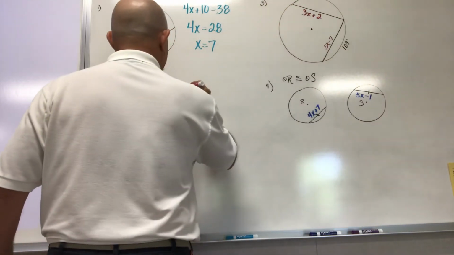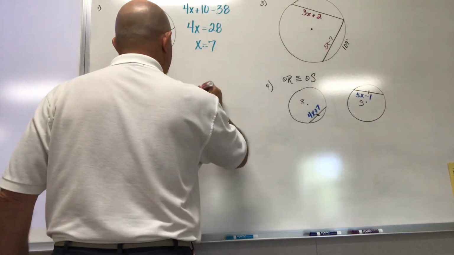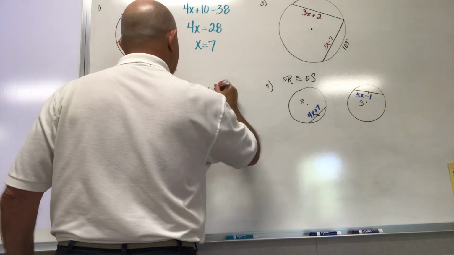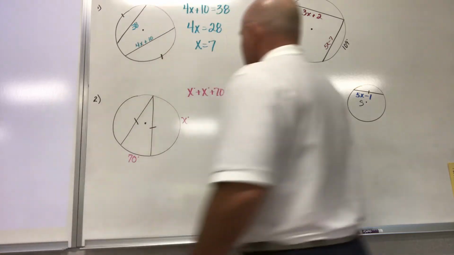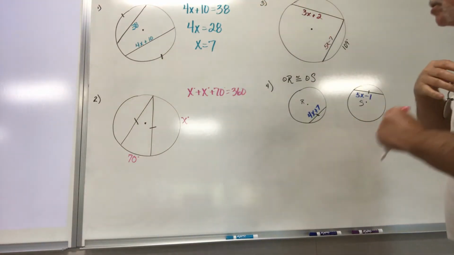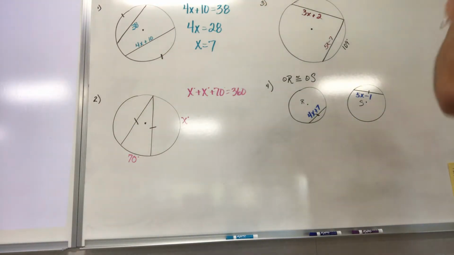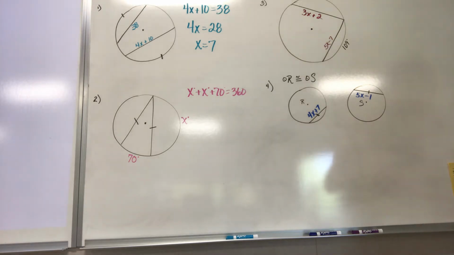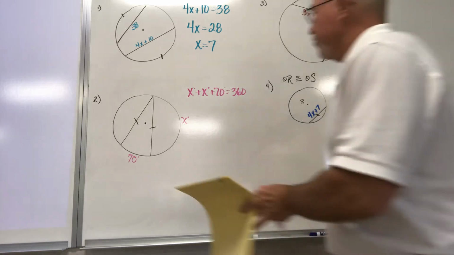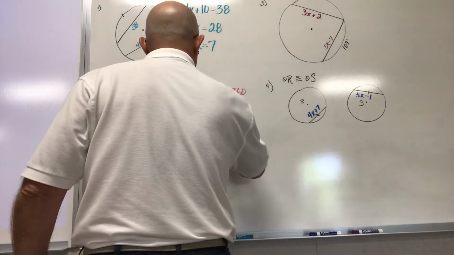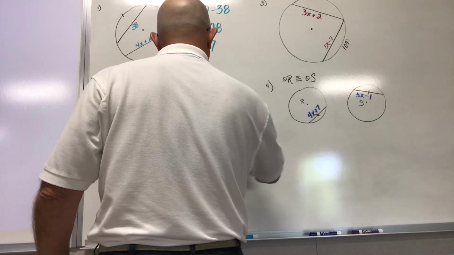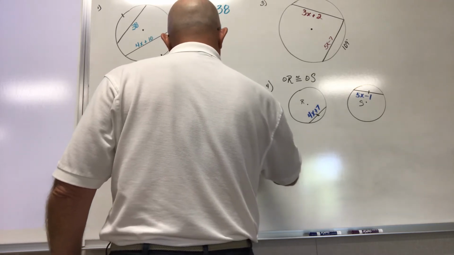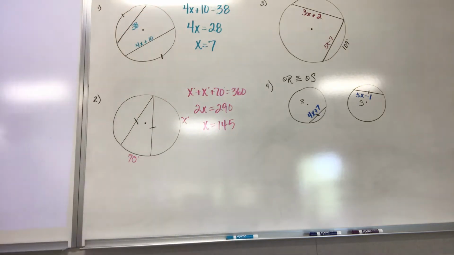So x plus 70 equals 360. We're going to go with the obvious. Okay, there we go.